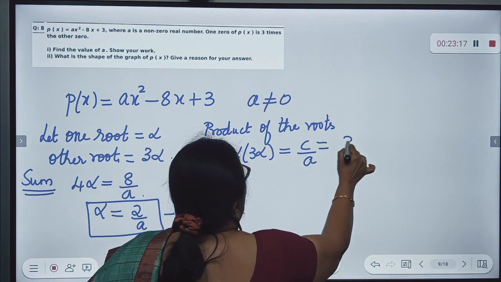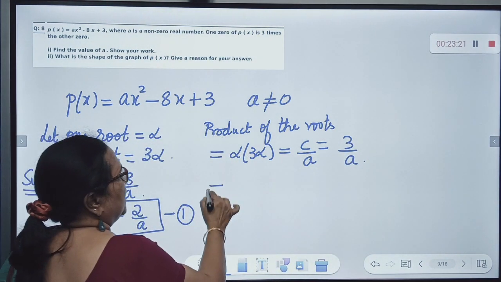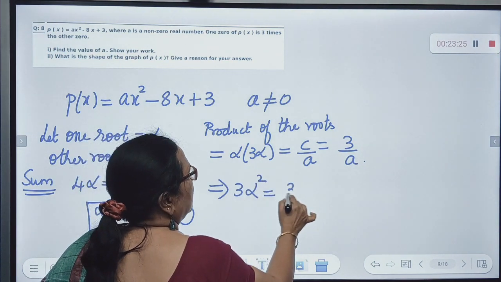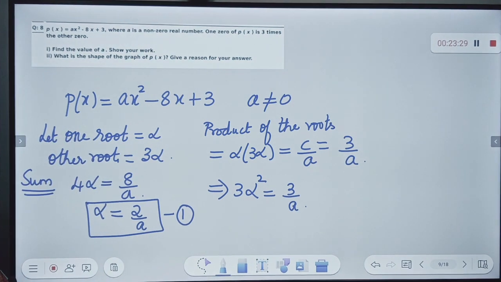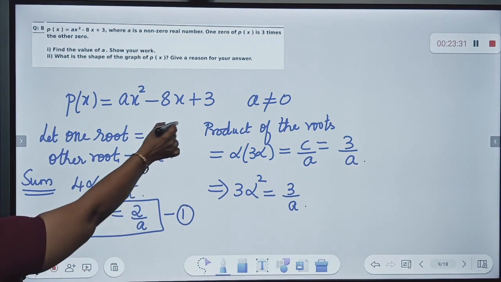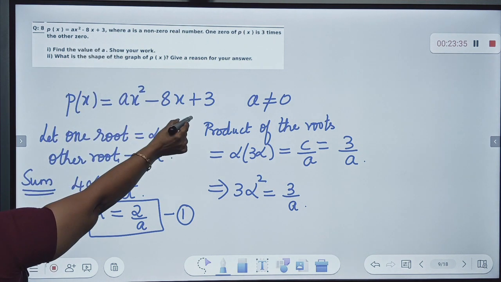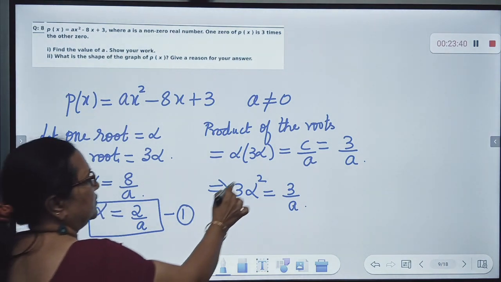What is c? 3, a is a, which implies 3 alpha square equal to 3 by a. Alpha into 3 alpha is 3 alpha square. C is 3. It's given here. A, B, C. C is 3. C by A is 3 by A.